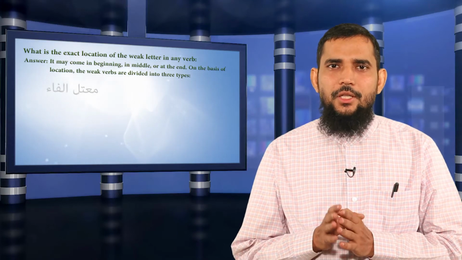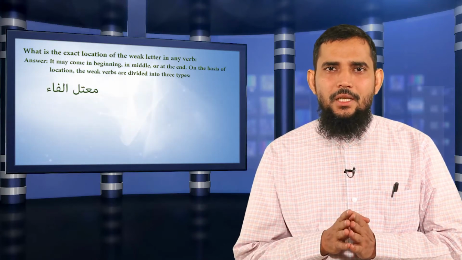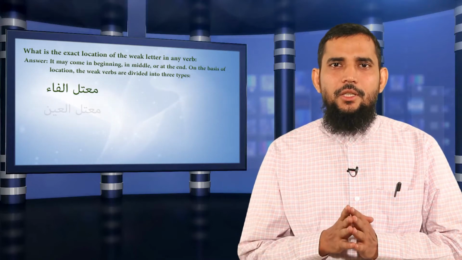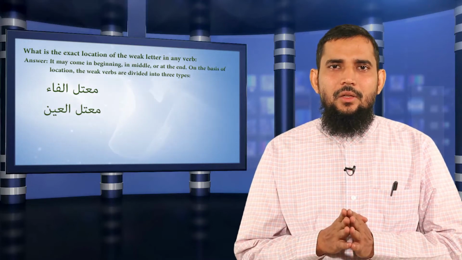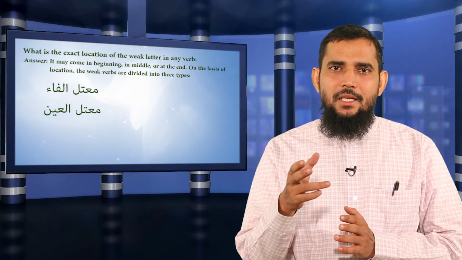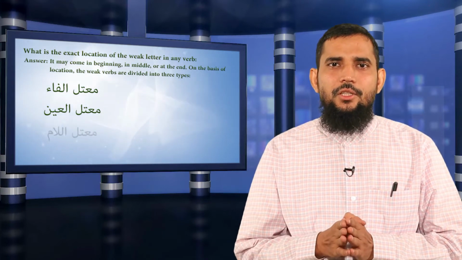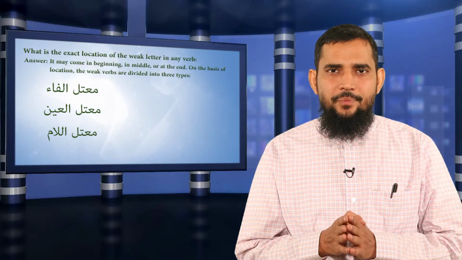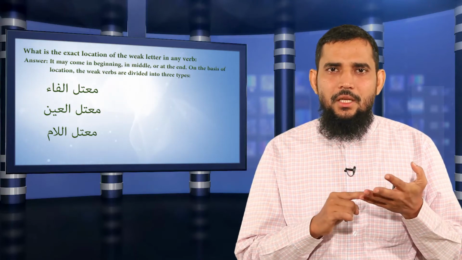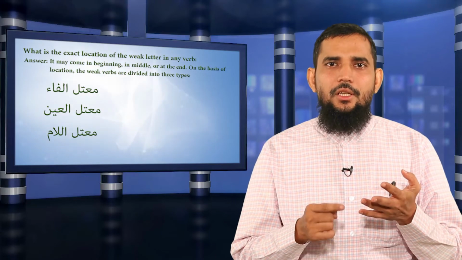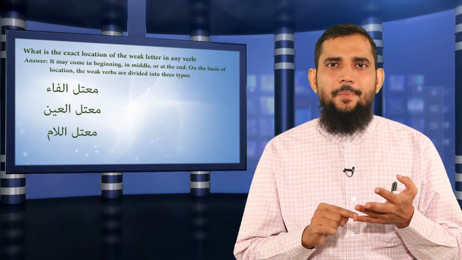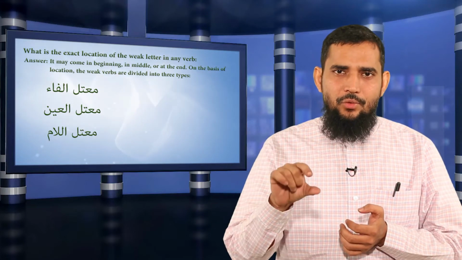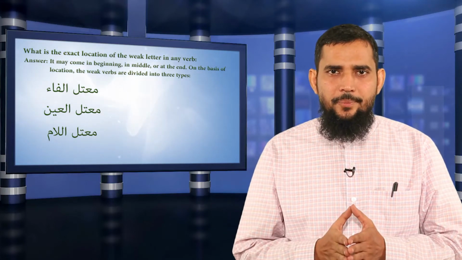One is called mu'talul fa, the weak, al-fa, the first radical. Mu'talul ain, the weak, al-ain, the second radical. Mu'talul lam, where the third radical is a weak letter. So there are three: mu'talul fa, mu'talul ain, mu'talul lam. First radical is weak, second radical is weak, and third radical is weak.